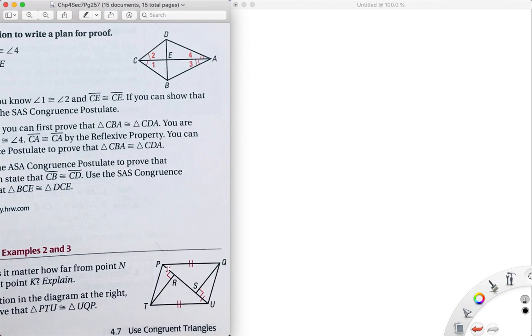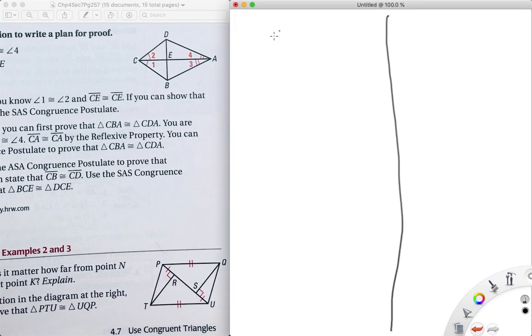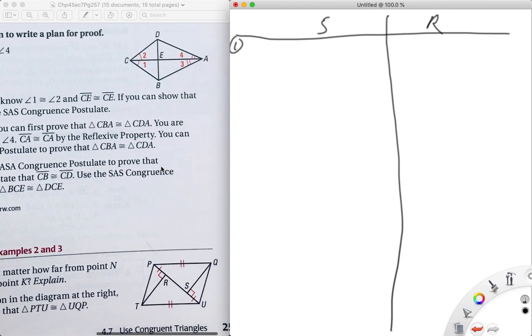Then I have enough information to say that these two triangles are congruent, the large triangles, because of side, side, and side. That's a good proof. Makes you think. Alright, if I was to do it, this is going to be a long one. I'll have my givens. I'm not going to write it all.